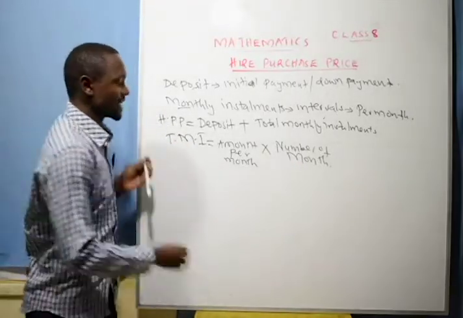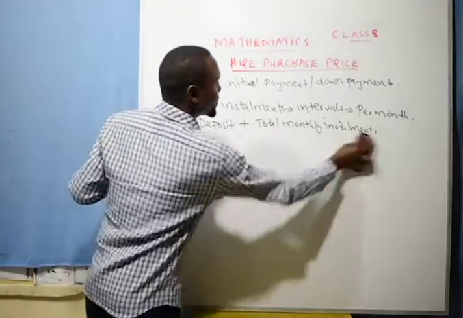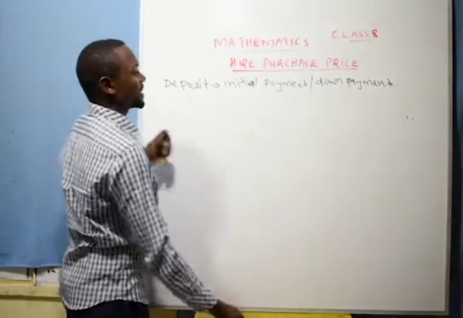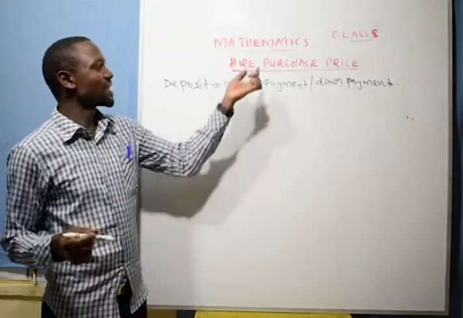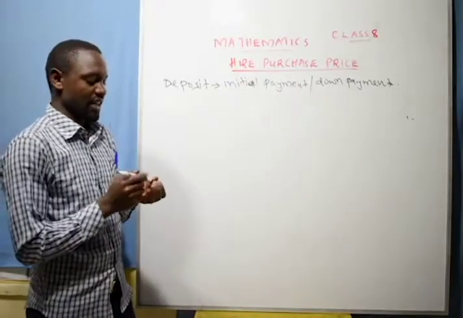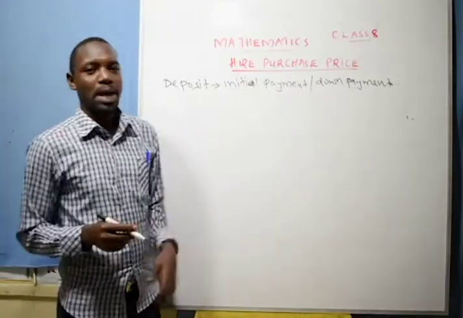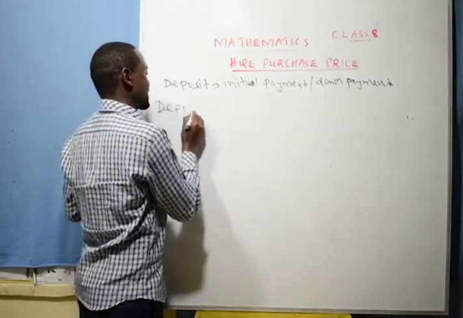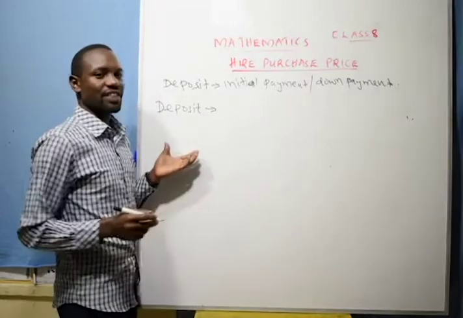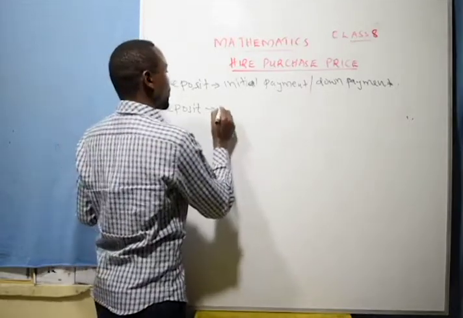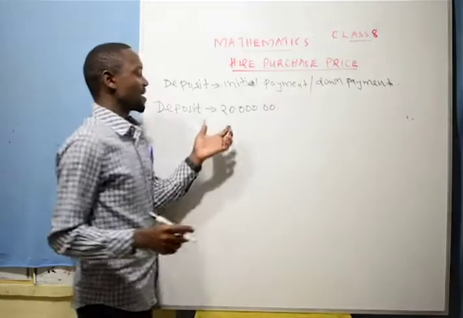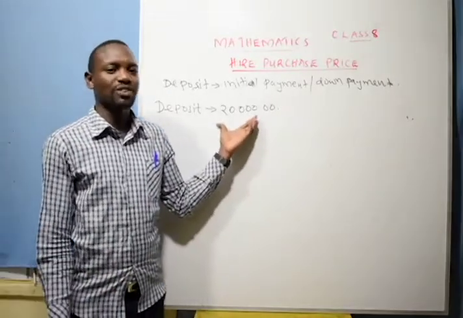I'm going to give you an example, so that we can understand the meaning of the hire purchase price. Somebody bought a television set on hire purchase terms by paying a deposit of 20,000 shillings.